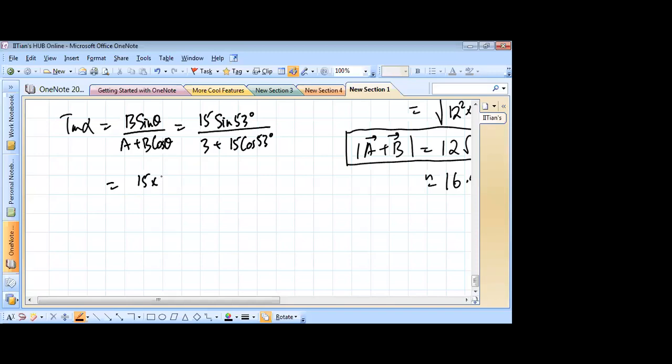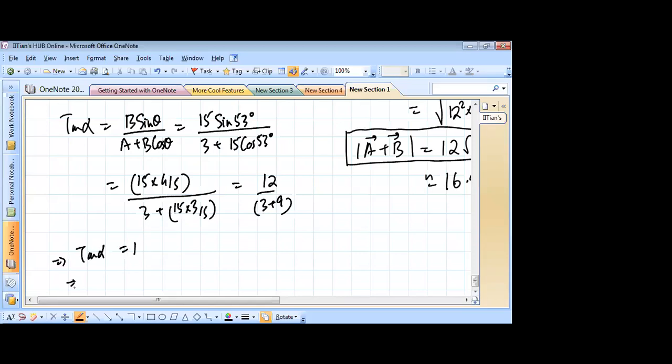So that is 15 into 4 by 5 divided by 3 plus 15 into 3 by 5. So that is 12 divided by 3 plus 9, which is nothing but unity.